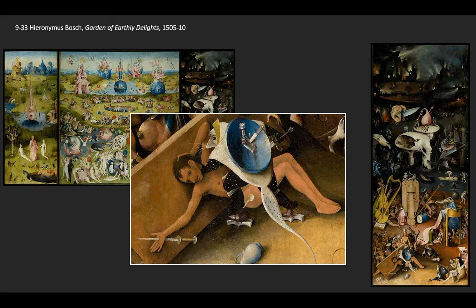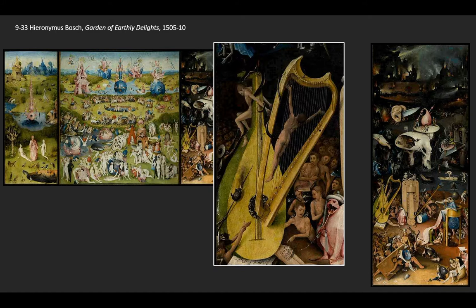As I mentioned, music seems to figure prominently in this. Here we see a sort of combination lute on the left and harp on the right, and you'll notice that each of these musical instruments is being used to torture people. A demon on top of the lute with a man tied to it as if to a column to be whipped, another man crucified on the strings of the harp.